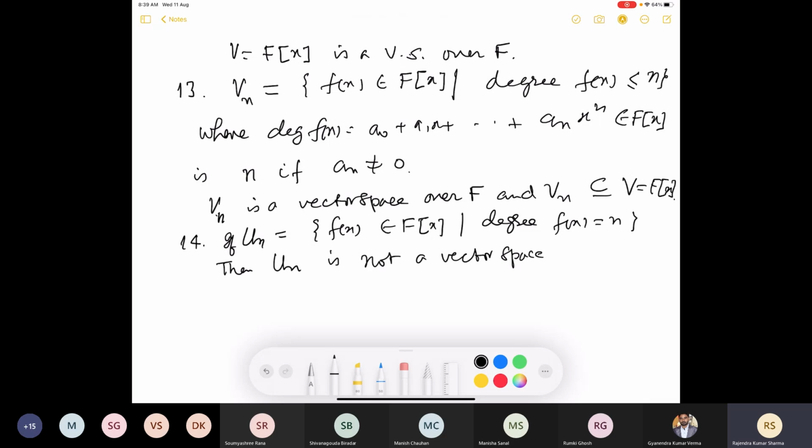So Un is not a vector space over F, which can be seen easily, because if you take f(x) as a polynomial of degree n in Un, then f(x) minus f(x), which becomes the zero polynomial, is not an element of Un. So this is not a vector space.